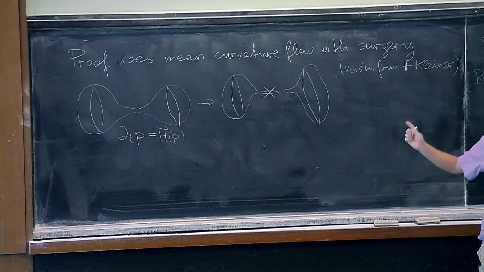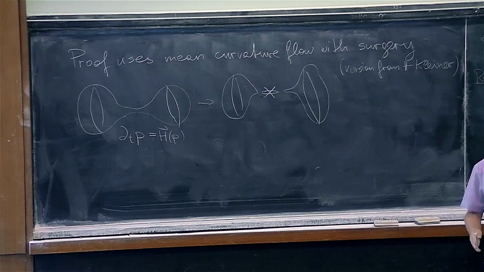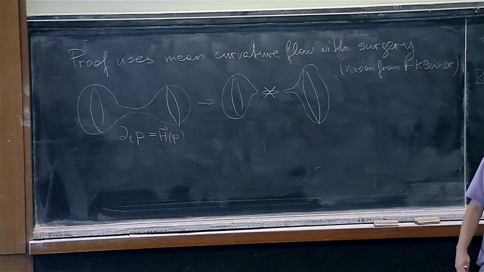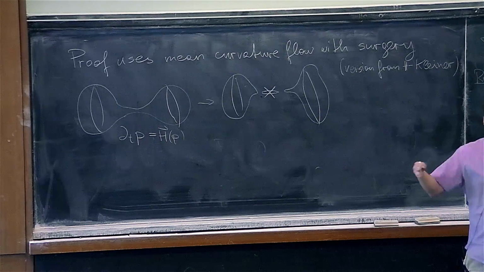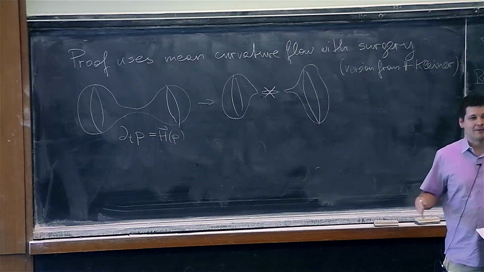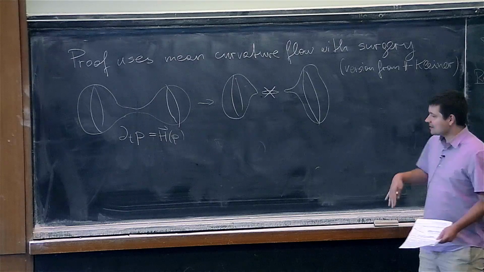Well, we use this version because, first of all, I've been involved with writing the paper, so I know what's going on. But more importantly, it comes together with the canonical neighborhood theorem, and that's quite important for the topological application.